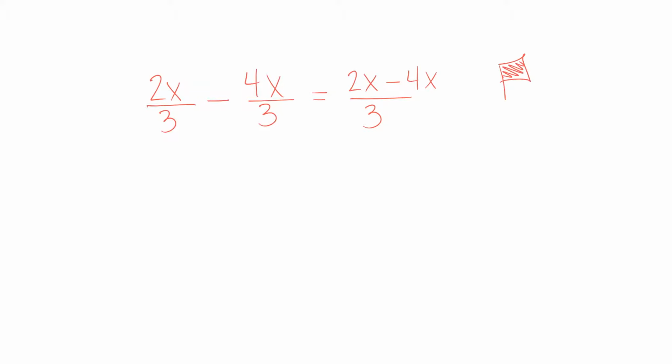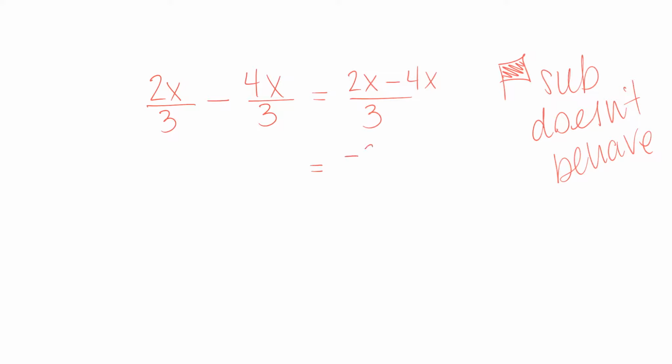Subtraction doesn't behave. Now in this one, it does. In this one, we just straight up have 2x minus 4x. Well, what is 2x minus 4x? It is negative 2x over 3. Does anything cancel? Nope. We're done. But watch this.